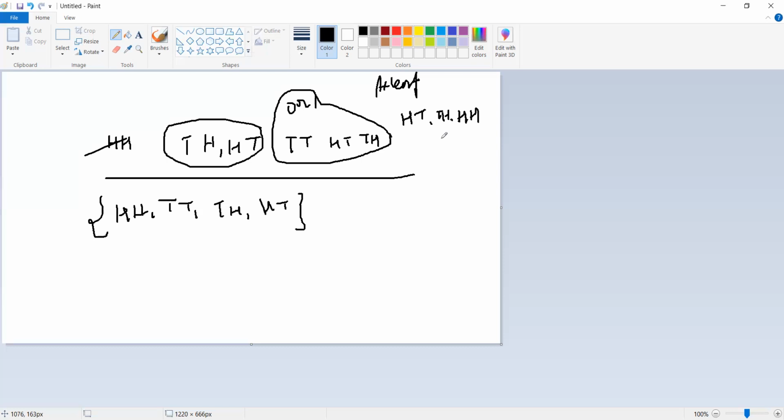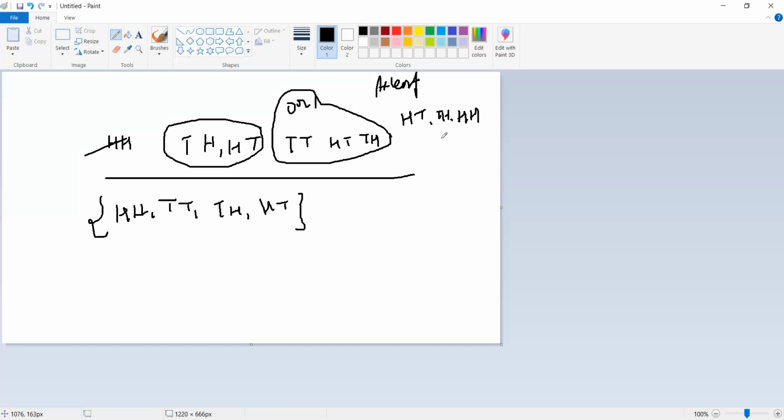Okay, 32 is your sample space. So this is how you calculate the sample space. What I'm interested in will become the numerator. So this is how you calculate your probability.